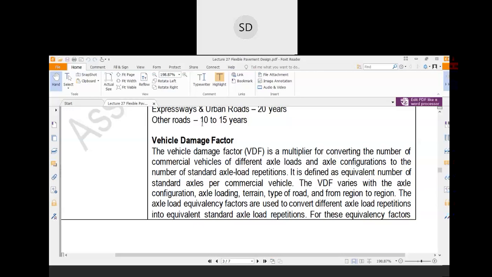So basically your vehicle damage factor is a multiplier for converting the number of commercial vehicles of different axle loads and axle configuration to the number of standard axle load repetitions.